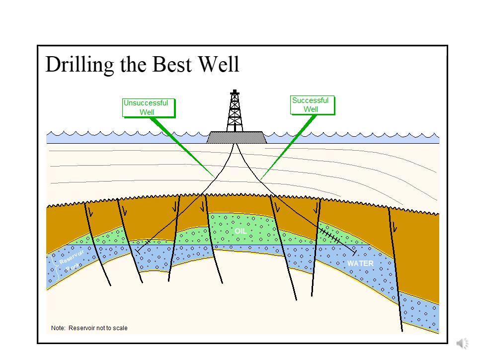And the one on the left, although they successfully hit the reservoir, the amount of surface area in the pipe that is capable of transporting the oil and the gas from that reservoir is limited. And as a result, it would be a non-producing well, or at least certainly not producing at the rate at which the one on the right is.